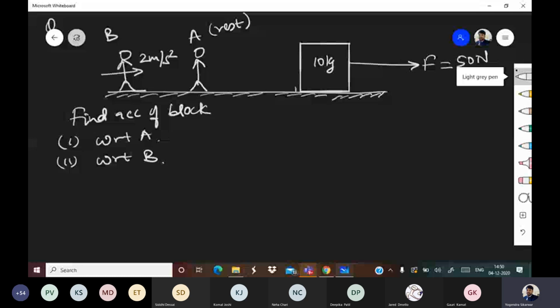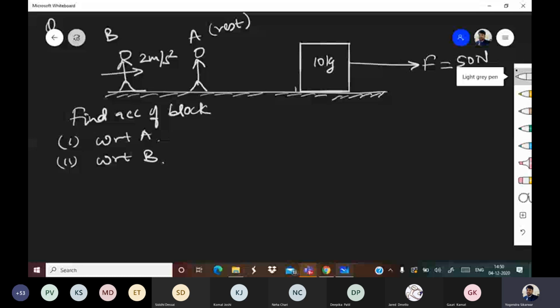So what we can see is F resultant in a frame is 50 and that should be equal to mass into acceleration. So 50 is equal to mass 10 into A. So A comes out to be 5 meters per second square. Okay, this is with respect to A.